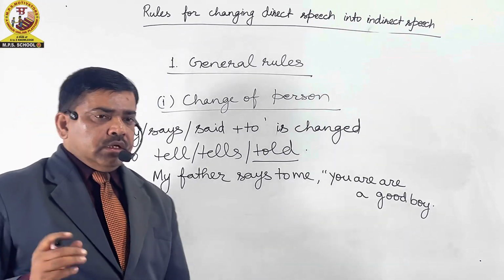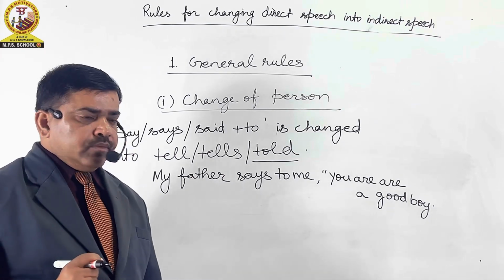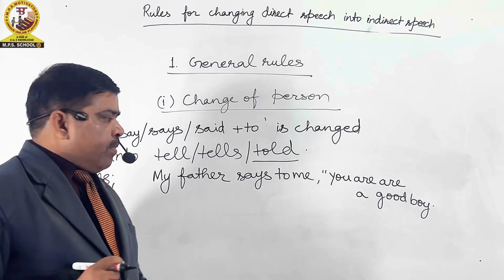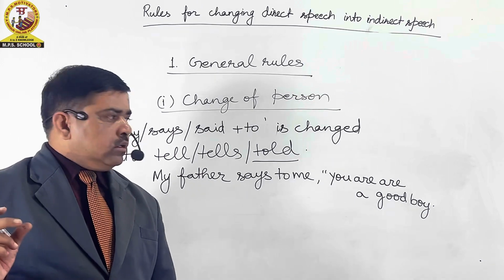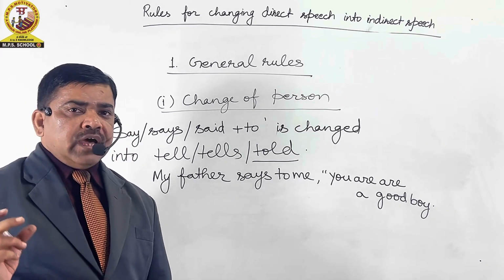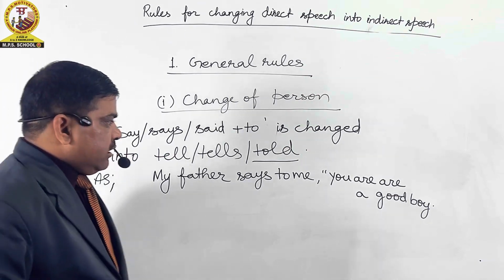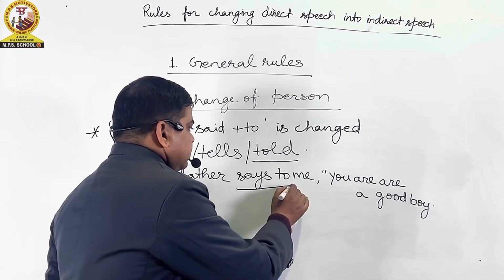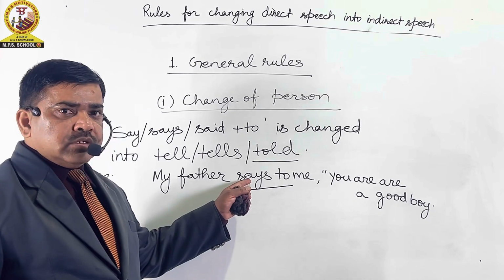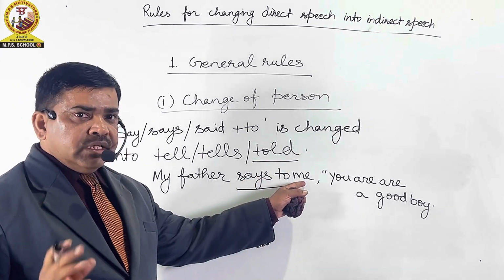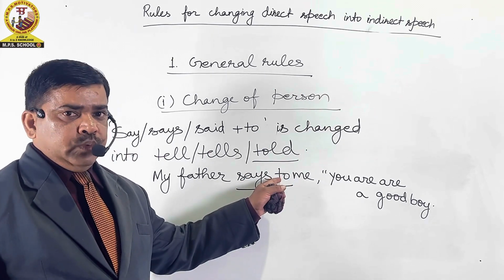Friends, I have written a sentence as an example of direct speech. The sentence is: My father says to me, "You are a good boy." Here we notice that as the reporting verb, says is used, and as the object, me is used, and between says and me there is a preposition to.